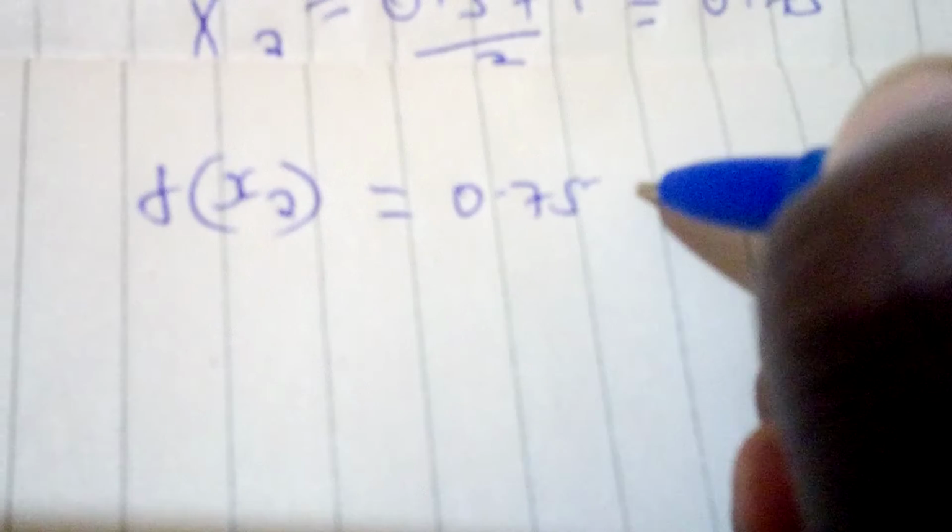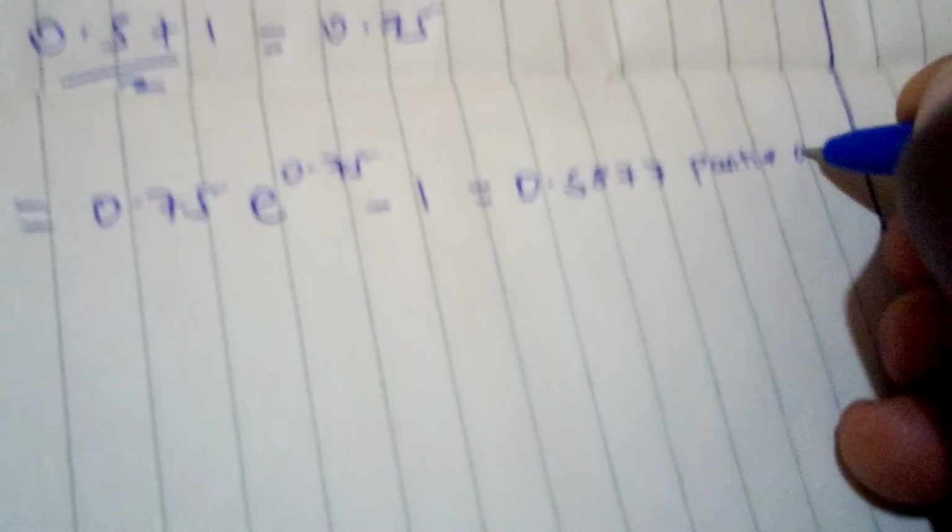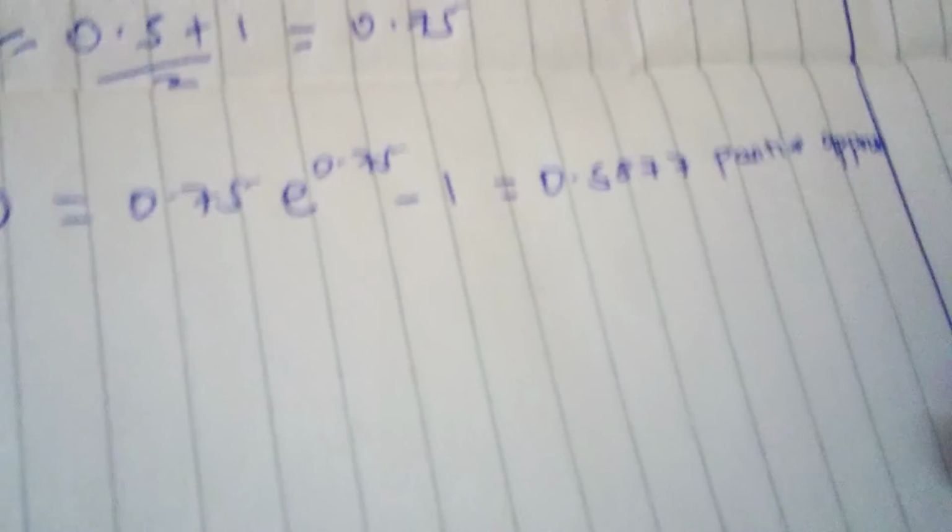Replacing into our equation, it will be 0.75 exponential 0.75 subtract 1, which will give us 0.5877, which is a positive approximation.